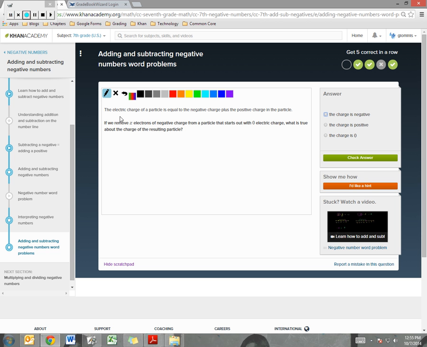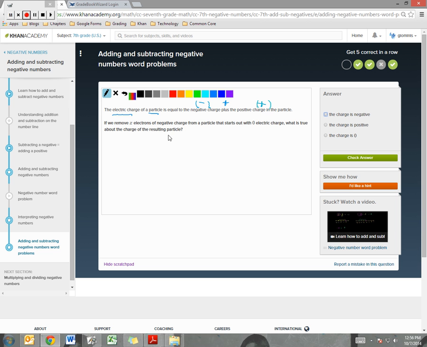Now, this one. The electric charge of a particle is equal to the negative charge plus the positive charge in the particle. Okay, I'm already confused. So to figure out the electrical charge of a particle, I need to combine the negative plus the positive.